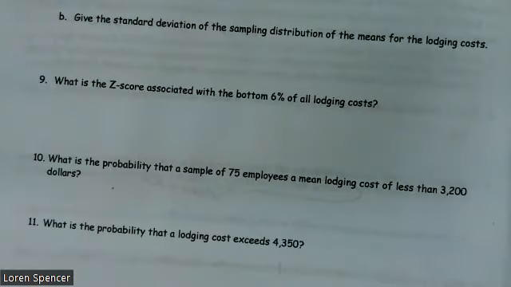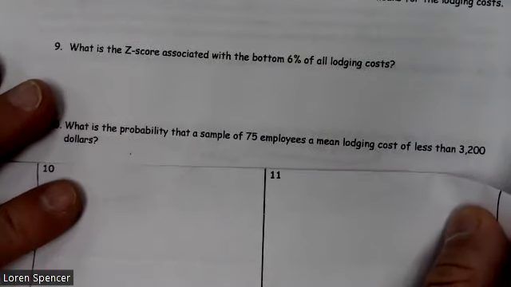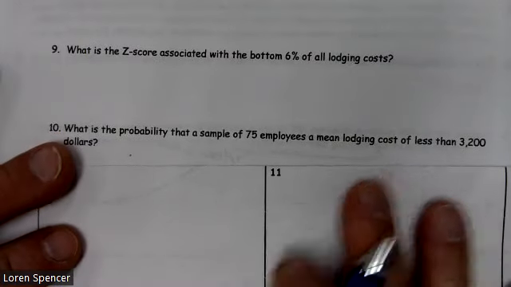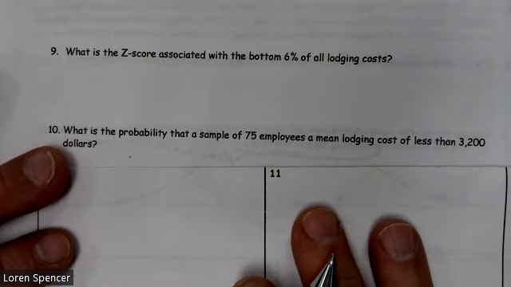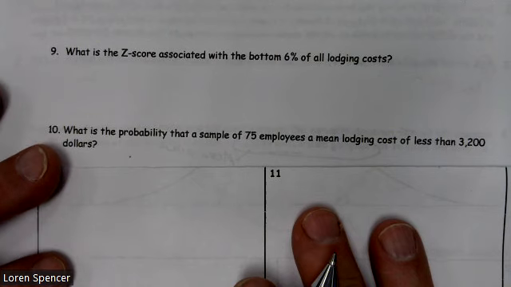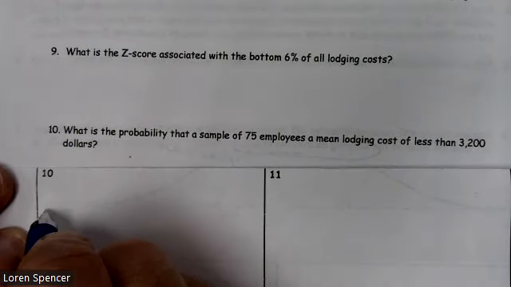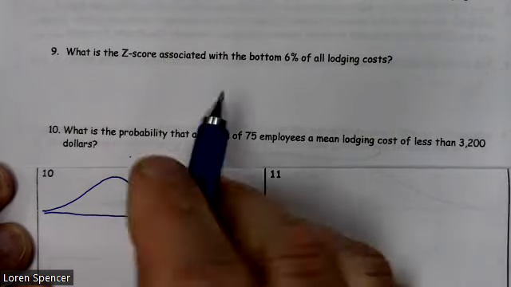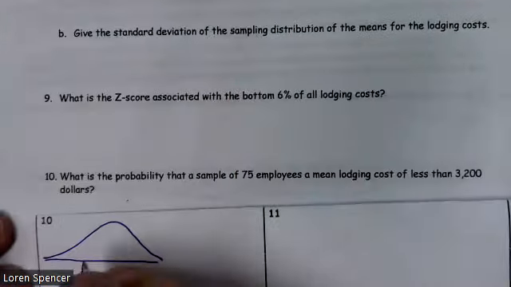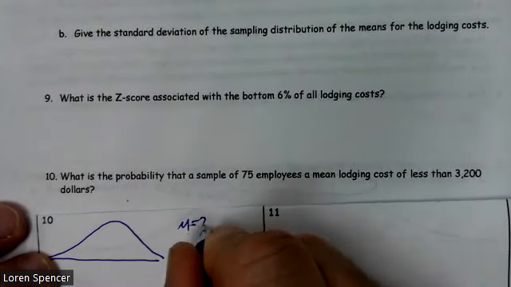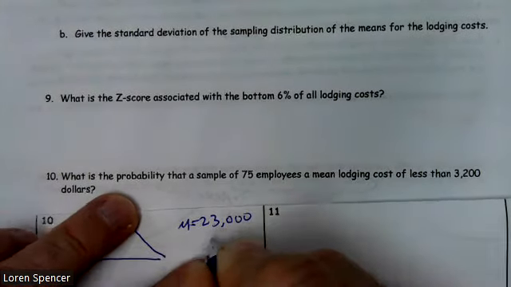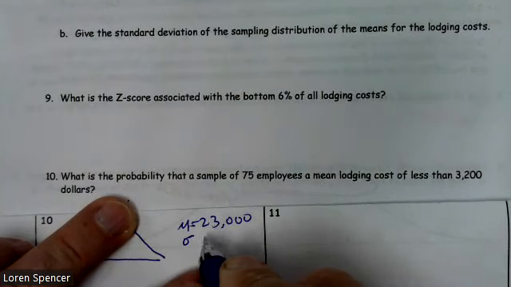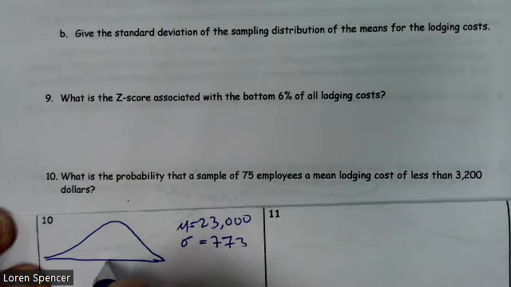All right, number 10. What is the probability that a sample of 75 employees has a mean lodging cost of less than 3,200? All right, so we need to go back and look at our mean. Our standard deviation was 773, because we're going to need that number.